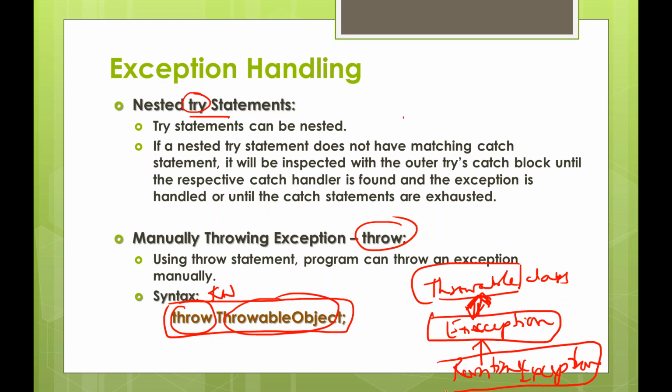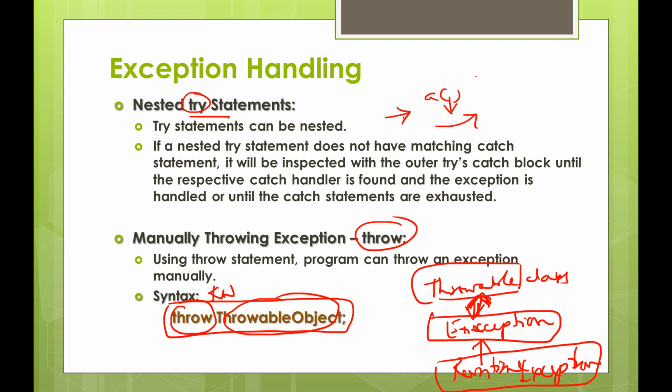Assume that a particular method, if some error happened, wants to throw that error to the calling routines. Calling routines means a method which is calling that particular method. So I have method A. It doesn't want to handle whatever exception occurs.